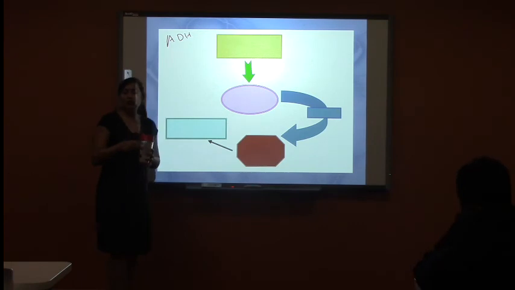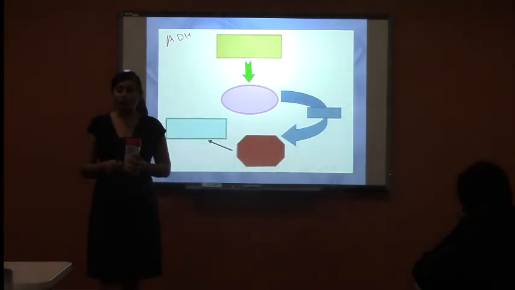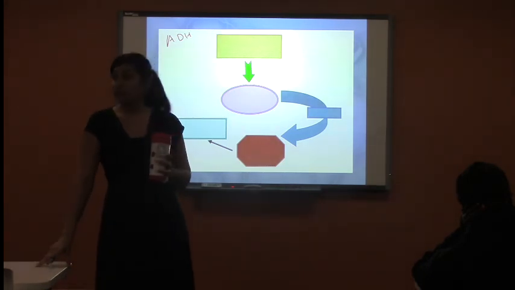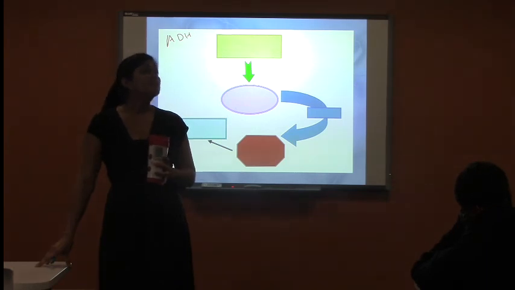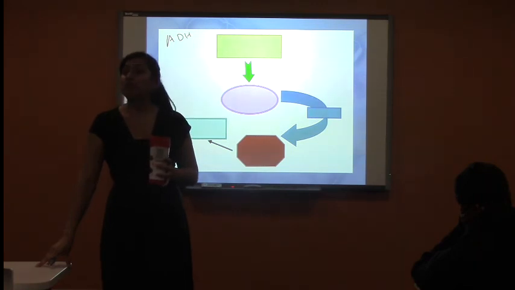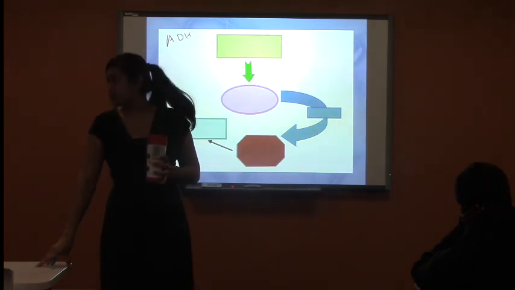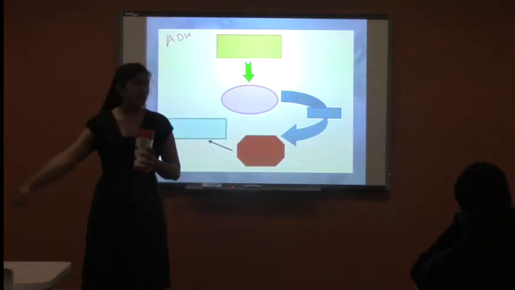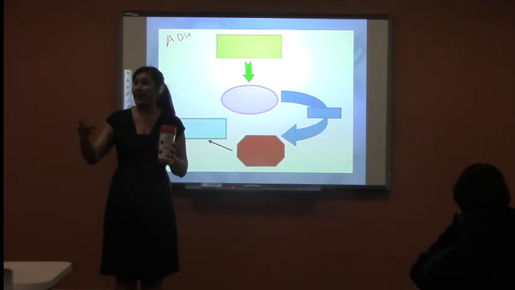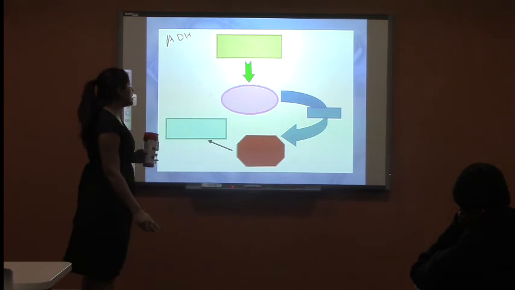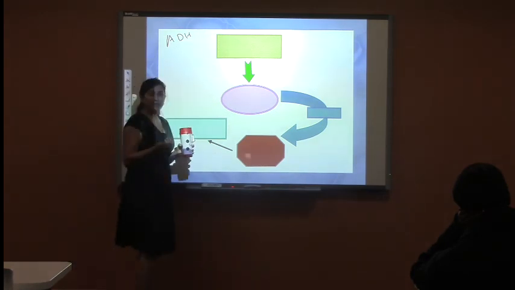Now let me ask you, when I say anti-diuretic hormone, what do you think that hormone does? What does anti-diuretic hormone mean? Stops you from peeing, stops you from urinating. Anti-diuretic hormone is a hormone that inhibits urination, basically. So, what does that mean?